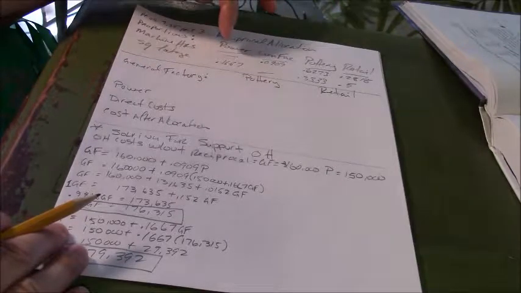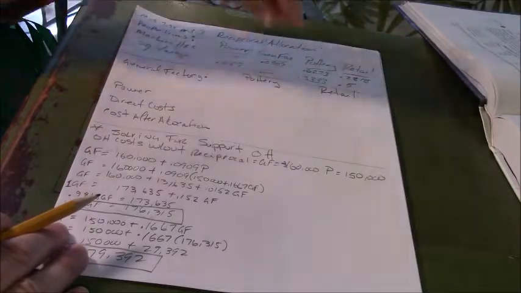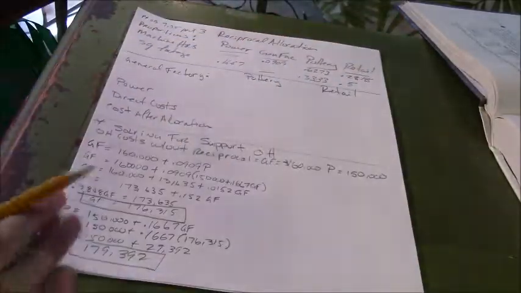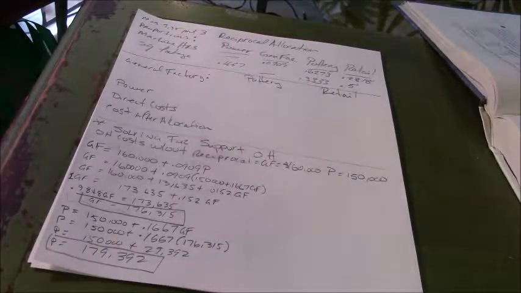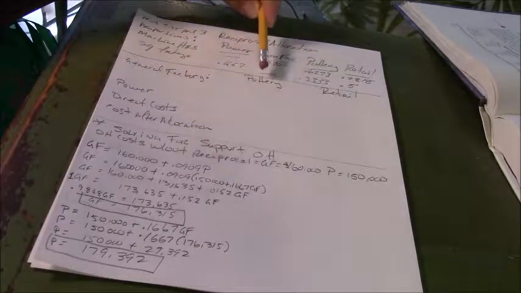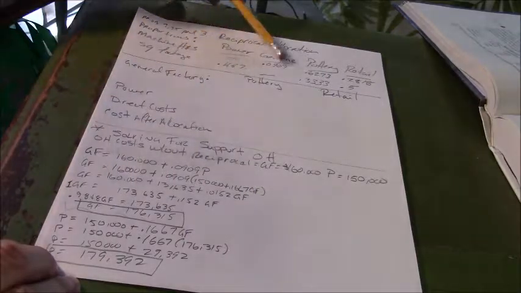Alright, so we're going to distribute power to general factory, general factory to power, and then allocate both of them to the operating divisions. So in order to do that, we have to figure out how much overhead is going to be allocated to pottery and retail after they go back and forth at these rates.